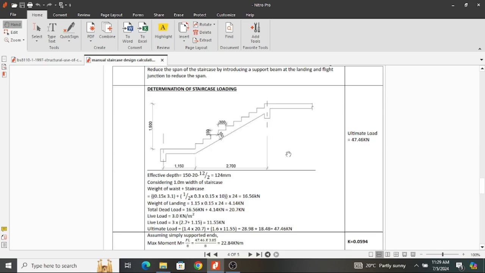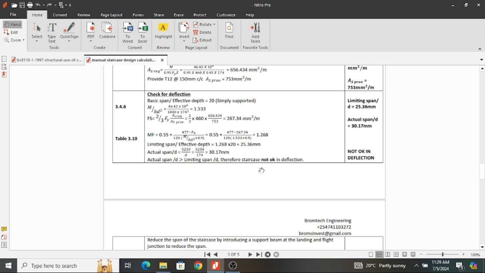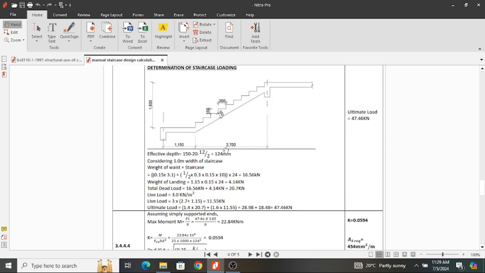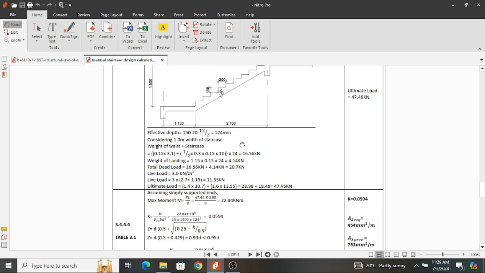So having said that, for our case, we introduced a beam at that section, and then we repeated the entire procedure, but now the span shifts from being 5 point something, it was 5.25, and it becomes 2.7 plus 1.15, and that is 3.85. So you do the math again, you determine your loadings, the formula is still the same, but the dimension has reduced.